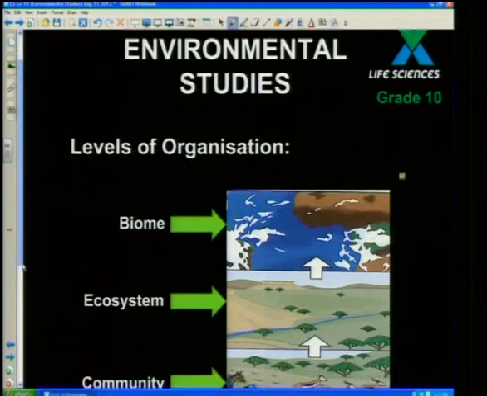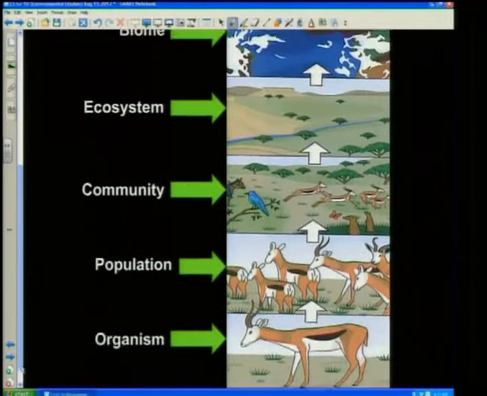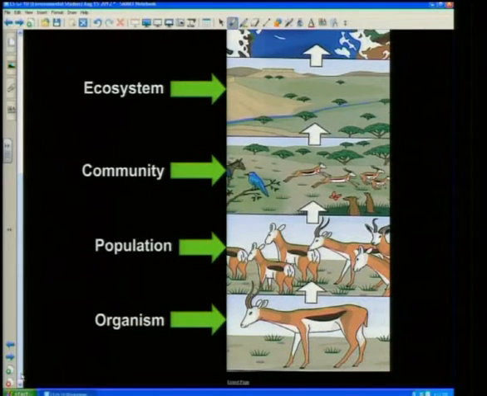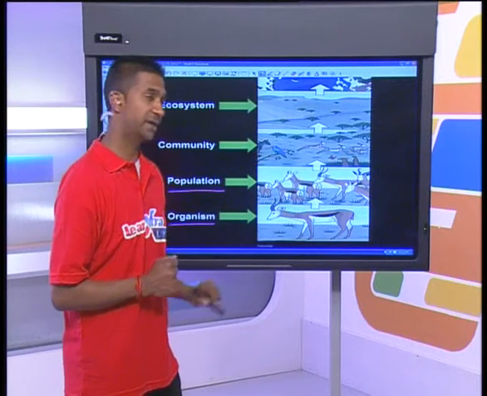Right. Here's an example. Here we have a single organism, the springbok, which we're all familiar with. These springbok make up a population. So population refers to several individuals belonging to the same species inhabiting a specific area.